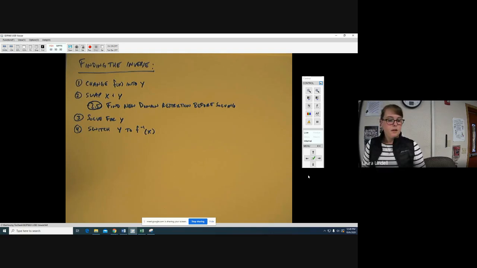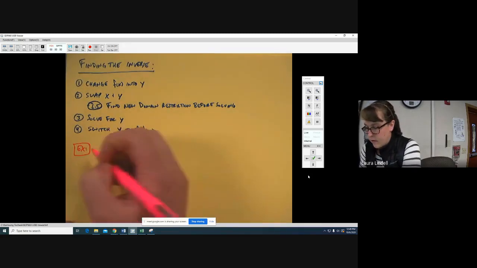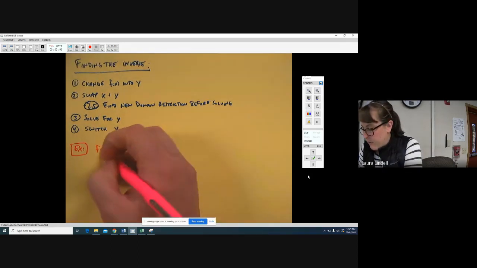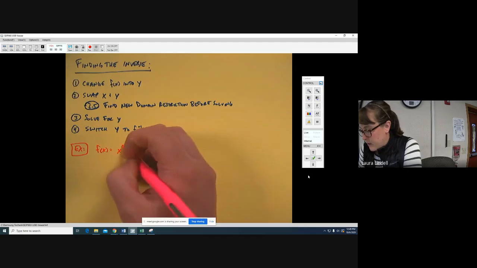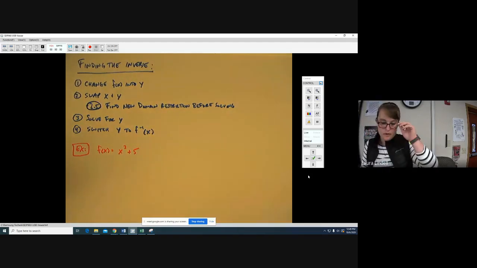Okay. So in my examples, I'll show a couple with easier to find domains, and I'll show a couple with more difficult to find domains. That way we cover the whole spectrum here of what we need to do. Okay, so first example, we're going to start with f of x equals x cubed plus 5.